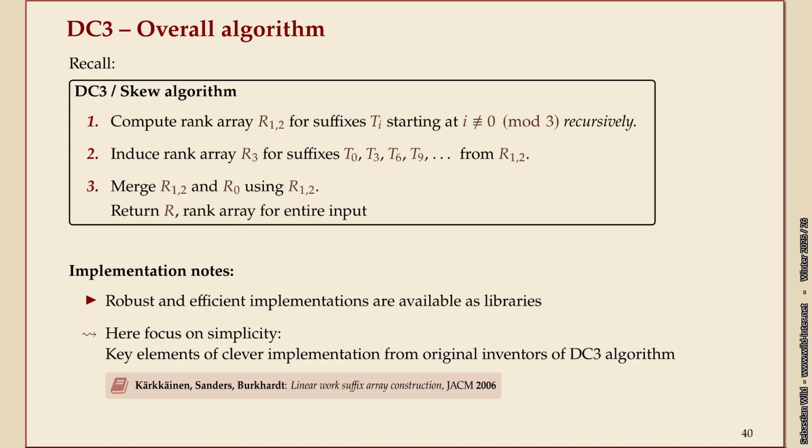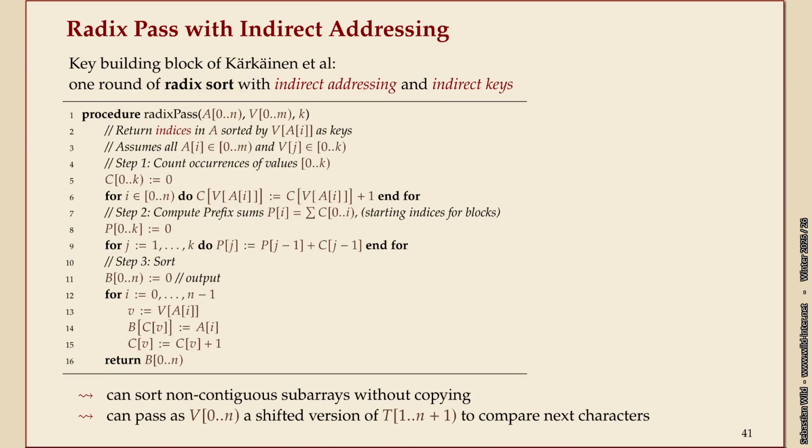The key component that their implementation builds on is a clever implementation of counting sort or radix sort. One round of radix sort is what they call it. I think we would say counting sort. It's clear that we need this conceptually because we're doing several rounds of counting sort with specific either characters or integers later.